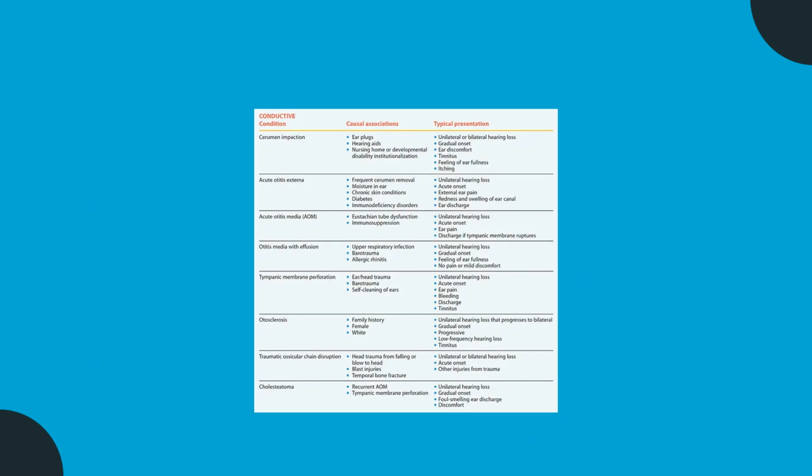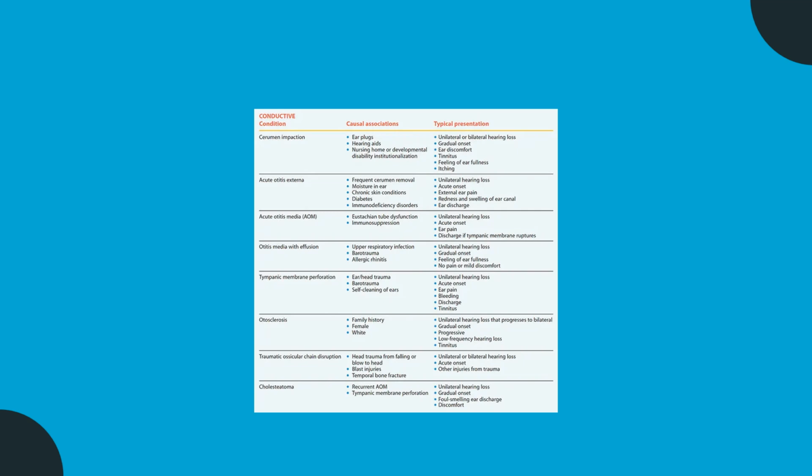Here's another good little cheat sheet that I like to have a look at. It discusses for conductive hearing loss the condition, risk factors as part of your epi, and also your typical presentation. So, for example, otitis media with effusion, as you'll learn quite soon, most commonly is a complication of an upper respiratory infection.